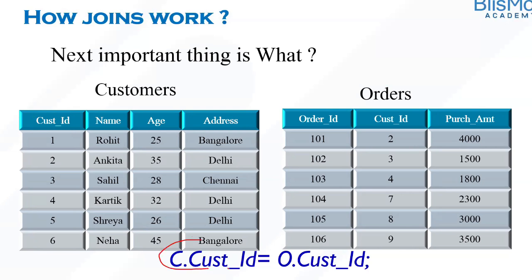This is an expression. The moment they say the common field, it is understood that this is a common field. We also need to create an expression. Expression is nothing but more or less getting together the common fields. That is one more important thing.